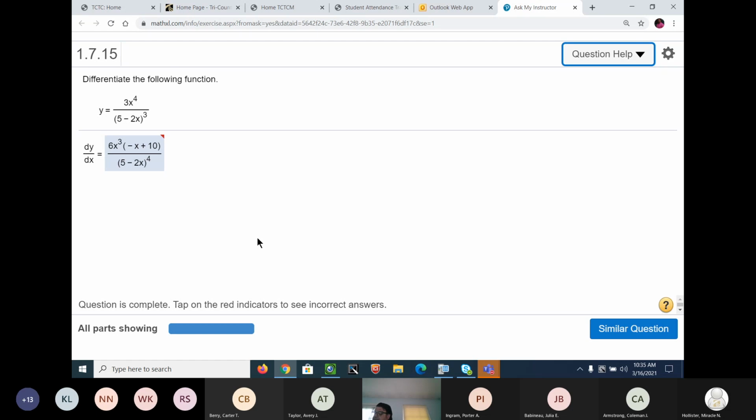That's a prime example of what happens when you make an error. You have to go back and find it. And that'd be 10 minus x over 5 minus 2x to the fourth.